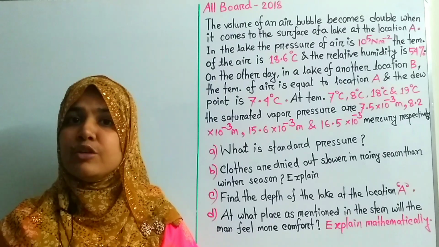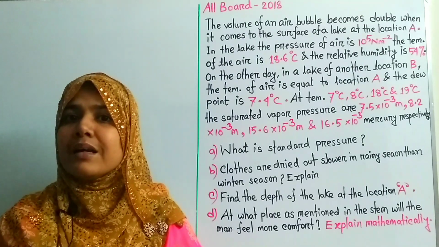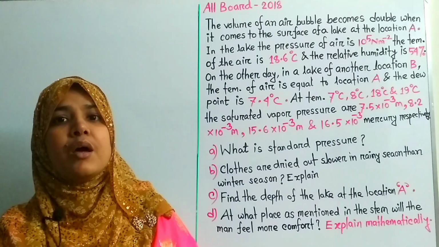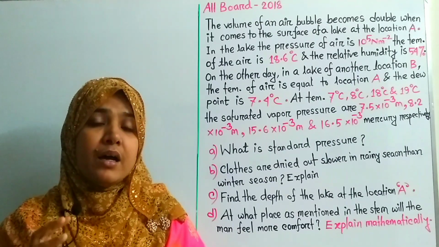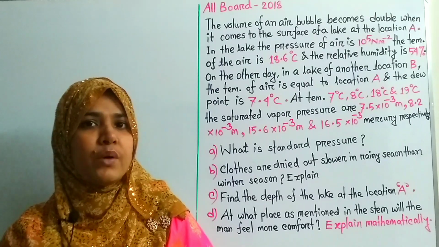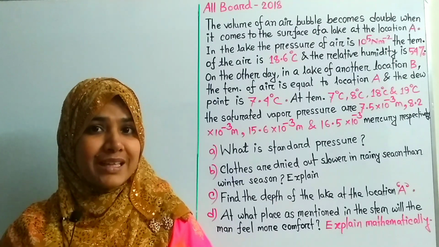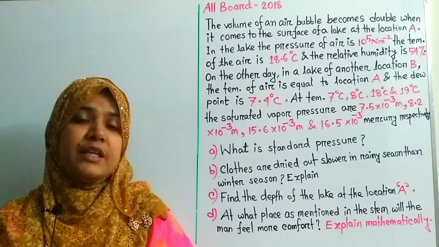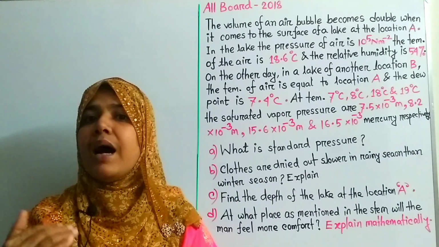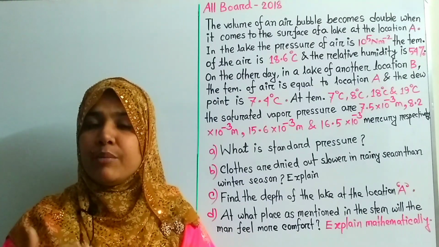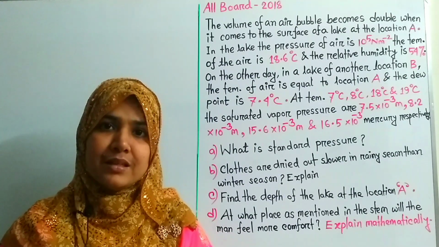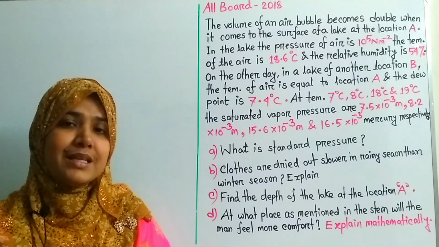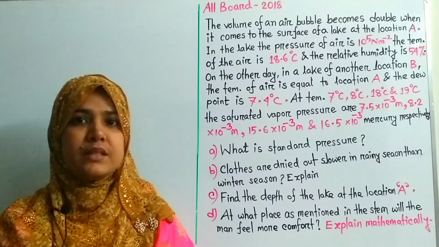But if the humidity of air is greater, that means the amount of water molecules in the air is greater, then the evaporation process will be slower. So as in the rainy season the humidity of air is higher, the evaporation process is less. That's why clothes dry out slower in the rainy season compared to the winter season.